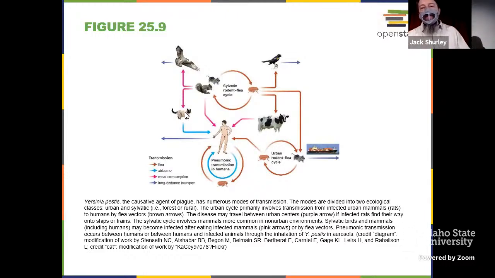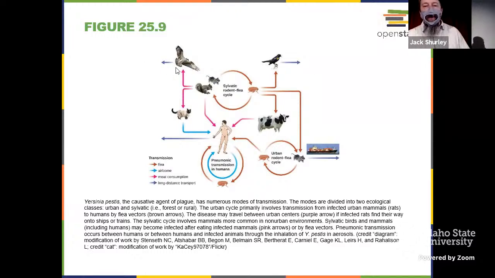So you can see in this figure, there's all sorts of possibilities, right? And different occurrences with this pneumonic transmission. So aerosolized droplets are a potential, and we can see this cycle, urban cycles, sylvatic cycles, and numerous possibilities as we see this.